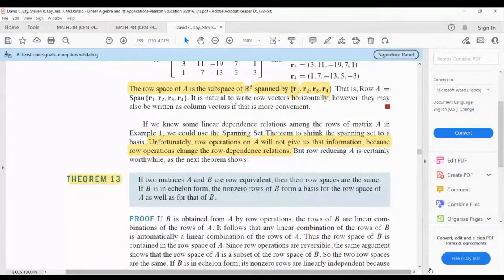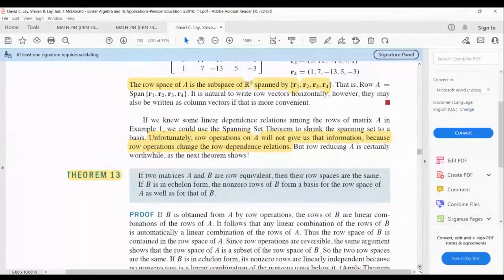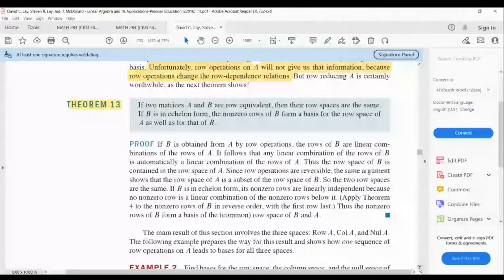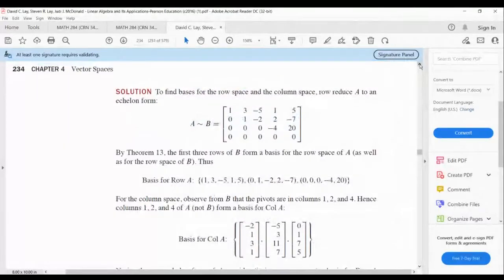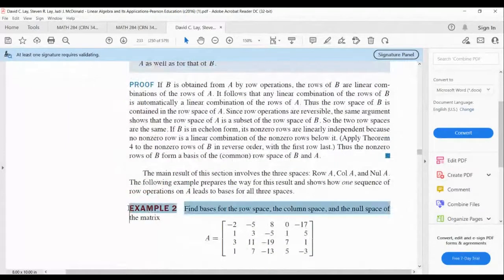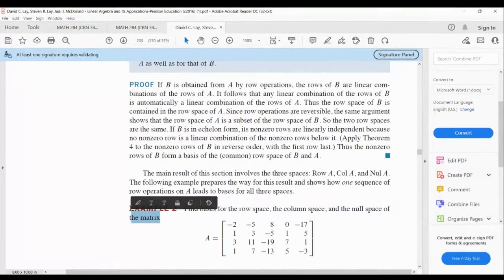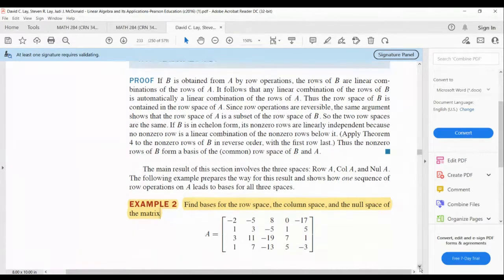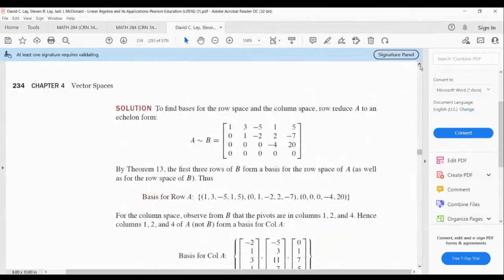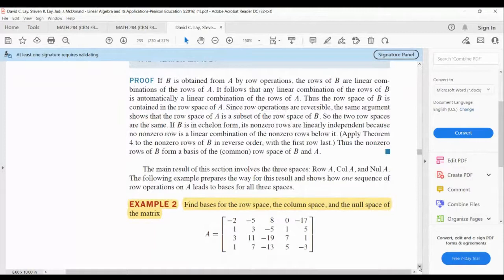Indeed, it is. So if we go here to this example 2, let's see it in practice. They want you to find a basis for the row space, column space, and null space of the matrix.